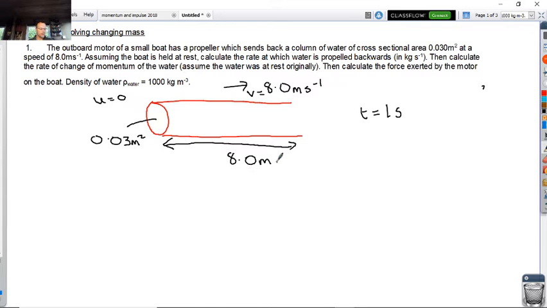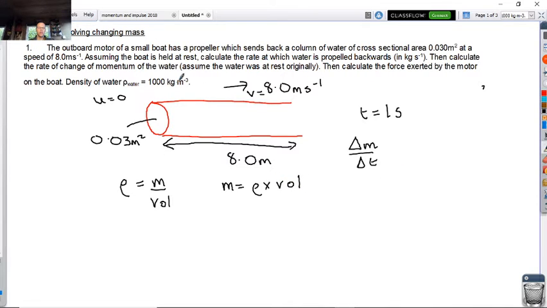What you're after is the rate at which water is propelled backwards, which is delta m over delta t. So you basically go to density equals mass divided by volume, and what I'm trying to do is find this mass per second. Therefore, mass is going to equal density multiplied by volume.